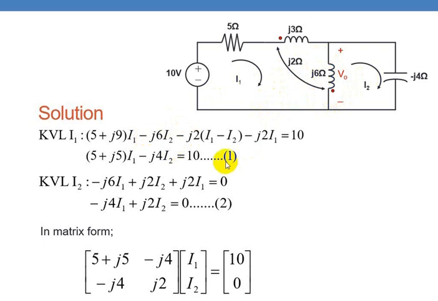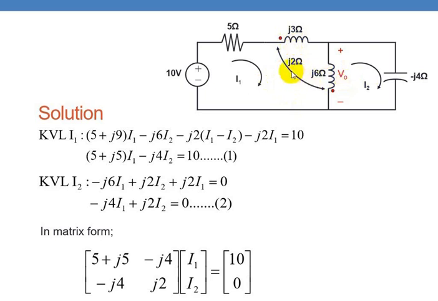Then the mutual inductance equations. So here, first let us write for this. So the mutual inductance J2 into, so the current you have to write with this, you have to multiply by the current that is flowing in the neighboring coil. That is, in this coil the current is I1 minus I2, but you are writing for mesh 1.